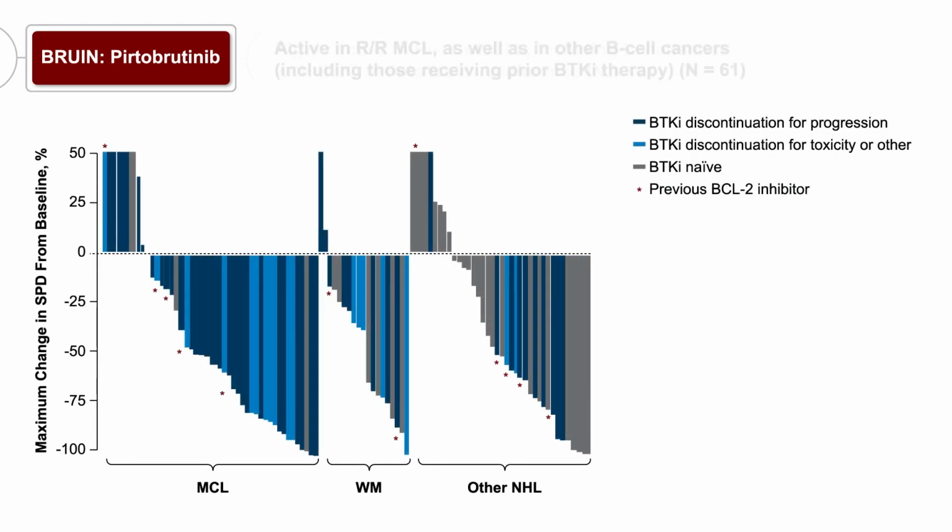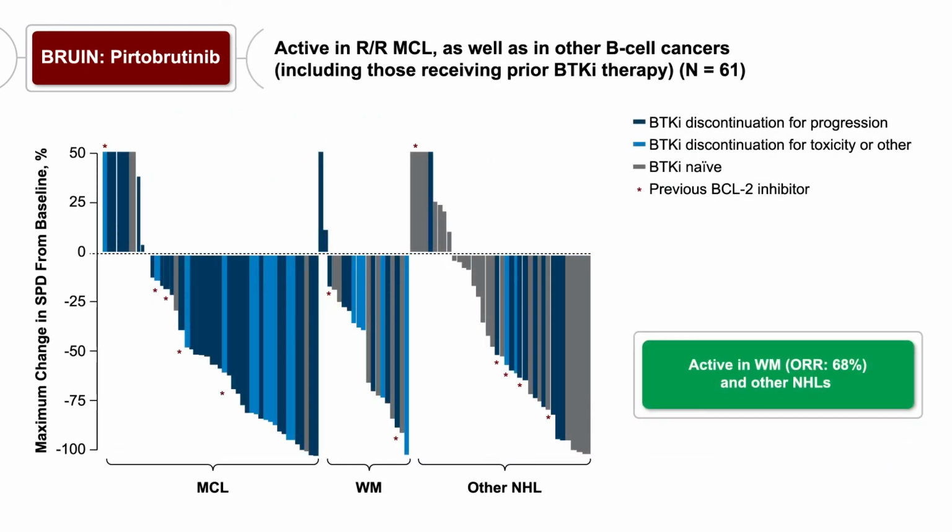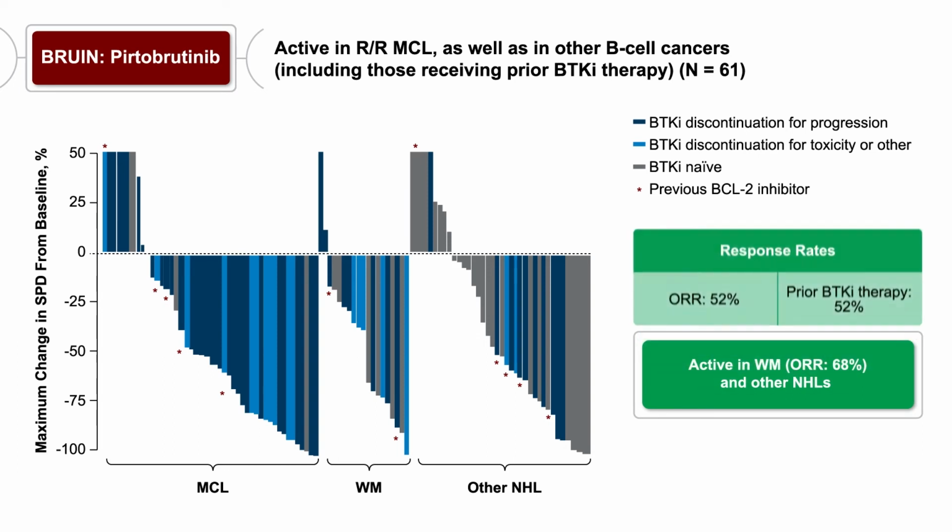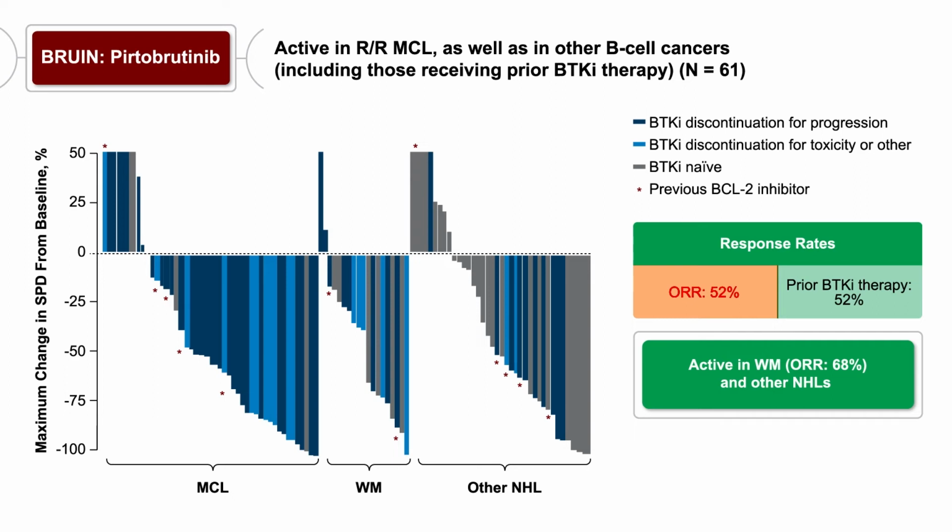Pirtobrutinib was also active in patients who had relapsed refractory mantle cell lymphoma, as well as other B-cell malignancies. Specifically looking at mantle cell, the overall response rate was 52%. Again, the majority of patients had prior exposure to BTK inhibitors, and even in that setting, the overall response rate was the same at 52%.